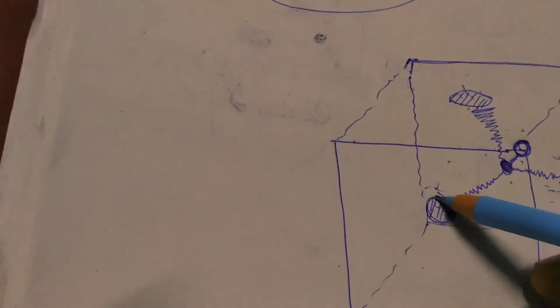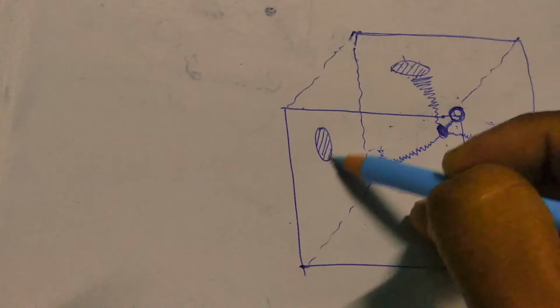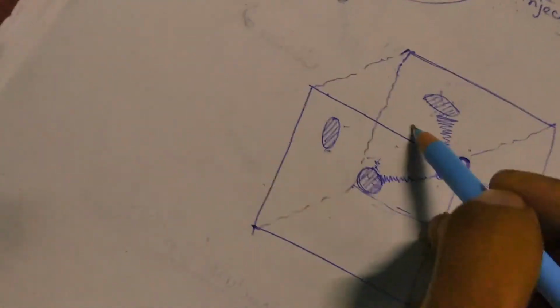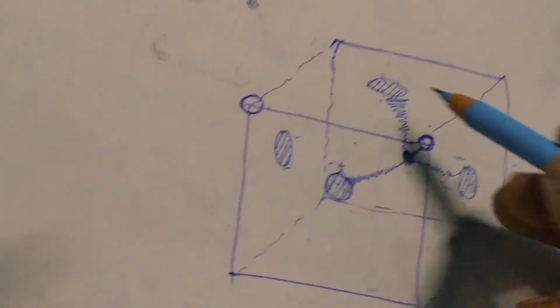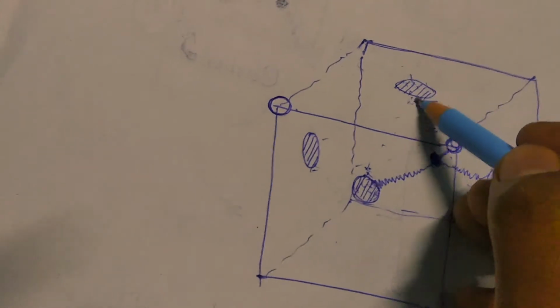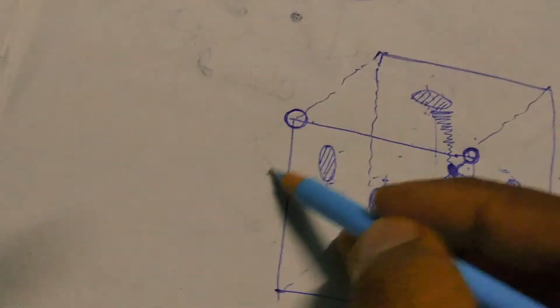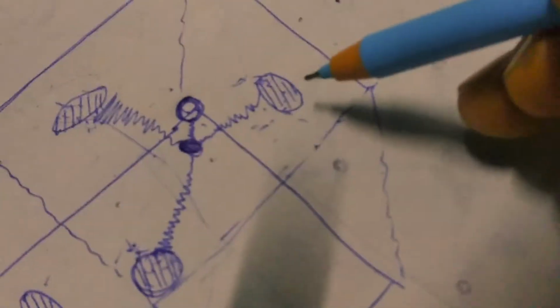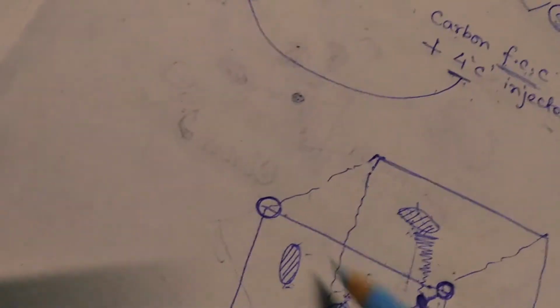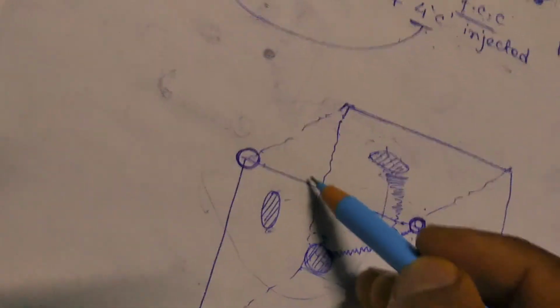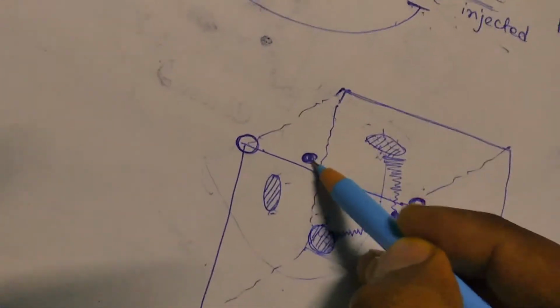Here is also another: these 2 face centered atoms along with this face centered atom, these 3 face centered atoms along with the upper corner atom create a tetrahedral void space. So these 4 create another tetrahedral void space just like this. 1 carbon atom is here, 1 carbon atom is here.